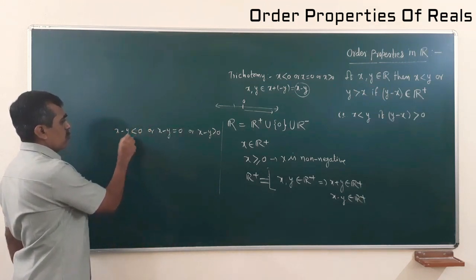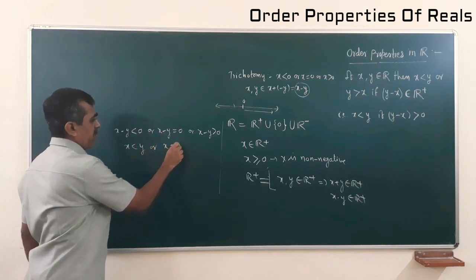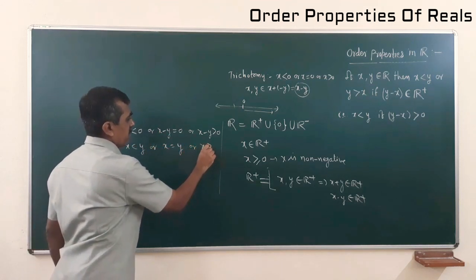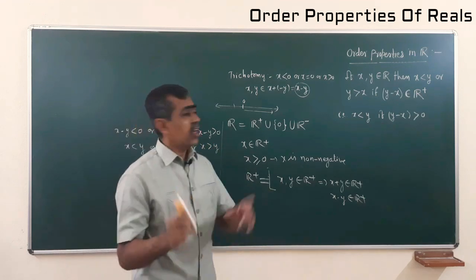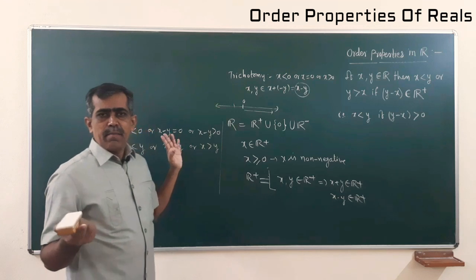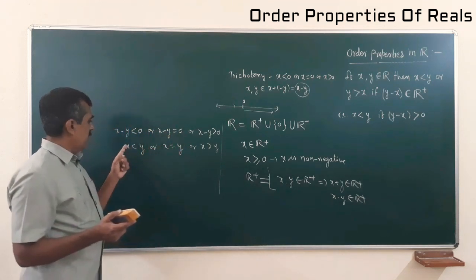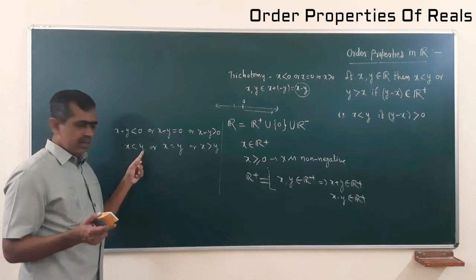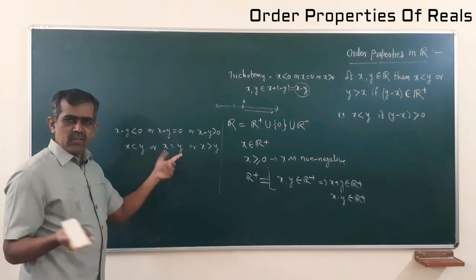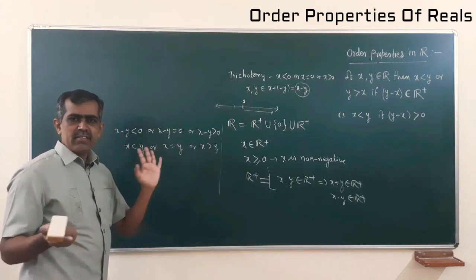X minus y less than 0 means x is less than y, or x equal to y, or x greater than y. So if you are given any two real numbers, then they must satisfy one and only one of the 3. And what is that? Either x less than y or x equal to y. If both of these are not true, then x is greater than y.